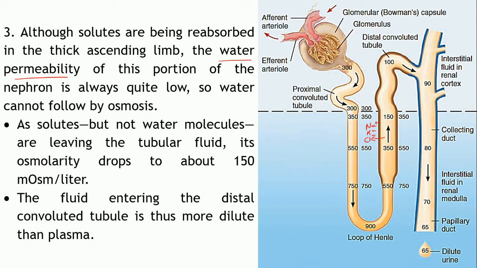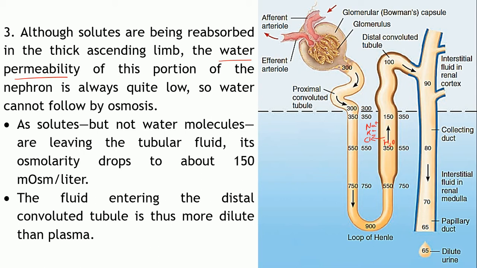So what will happen to the osmolarity? Here ions are moving, water is not moving, water remains over here. So now what will happen to your osmolarity? It was high, but as it is moving along the thick ascending limb of loop of Henle, ions are moving out, but water remains in the tubular fluid.